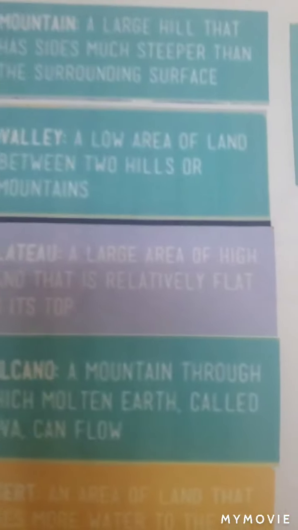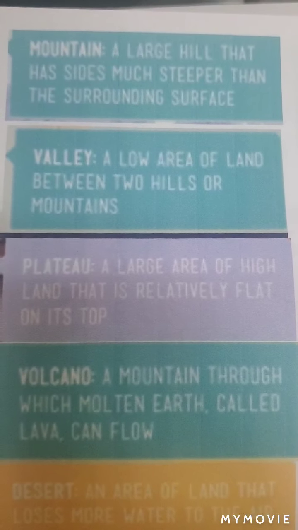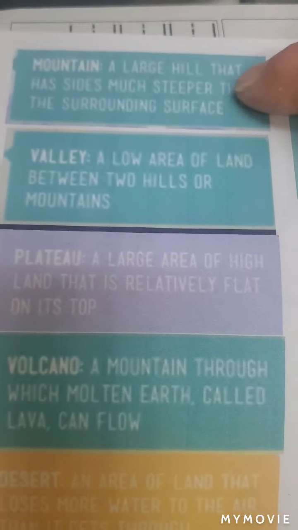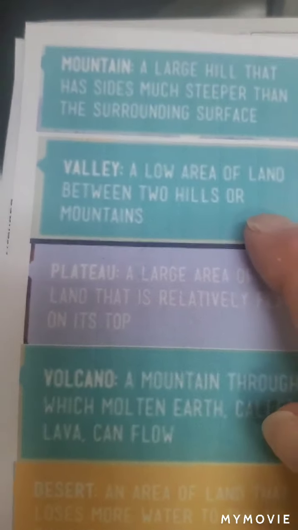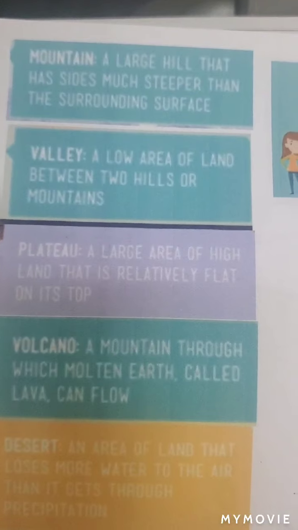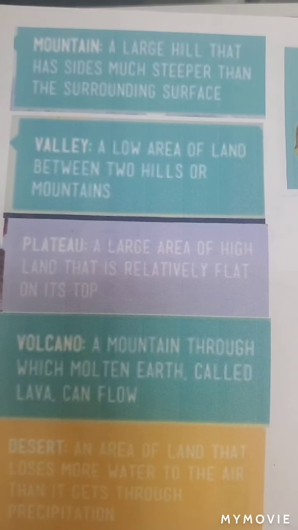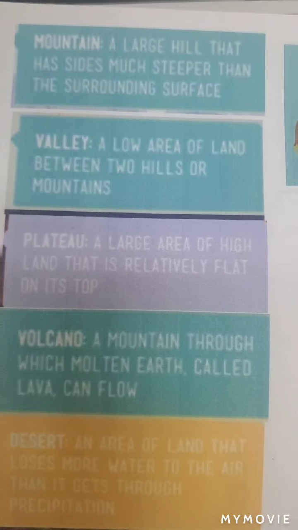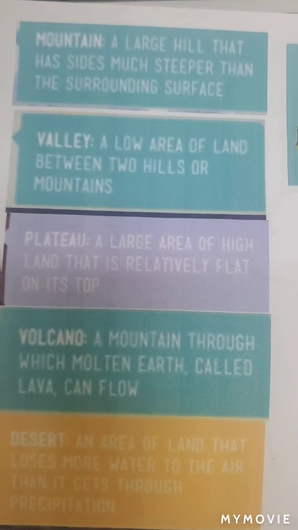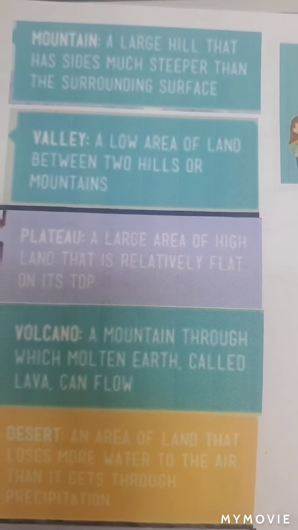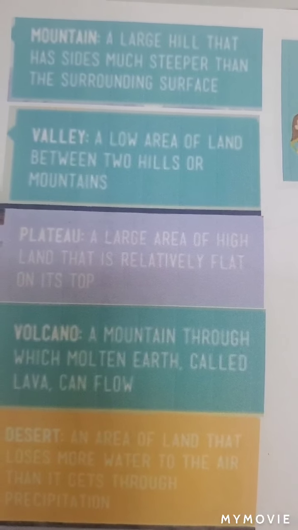All right, so in our video, we learned that mountains are a large hill that has sides much steeper than the surrounding surface, correct? And you learned that a valley, you read that one for me. A low area of land between two hills or mountains.